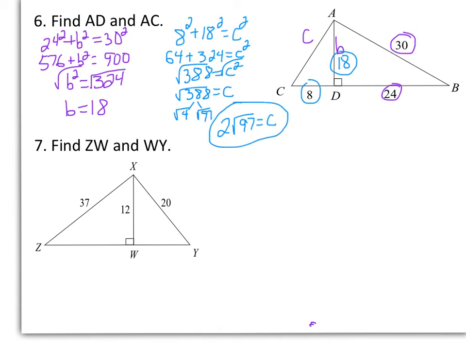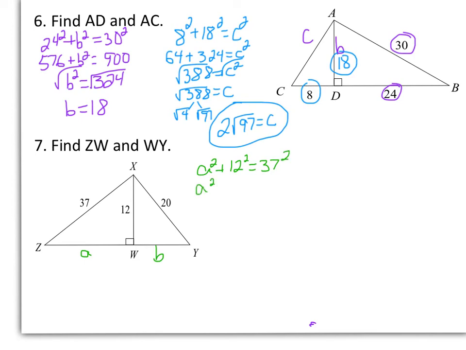Alright, in number 7, we want to find the length of ZW and WY. So let's call ZW A, and we'll call YW or WY B. Alright, first let's find the length of ZW. So A squared plus 12 squared equals 37 squared.